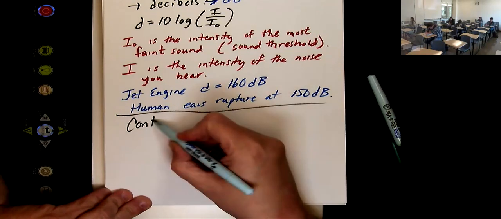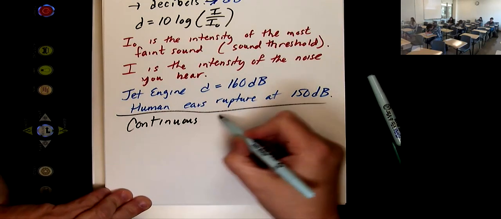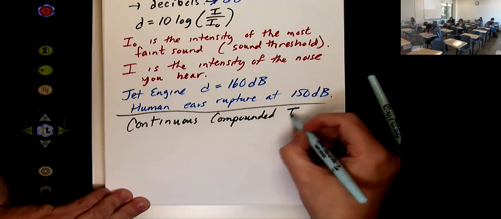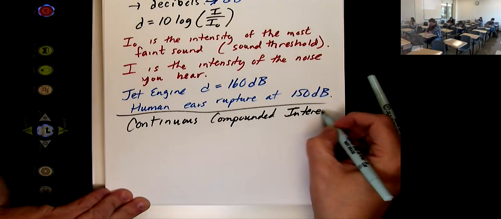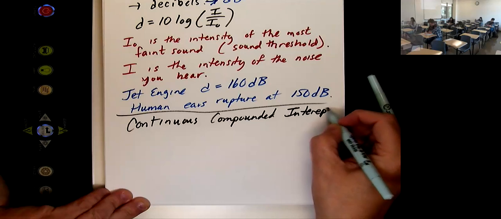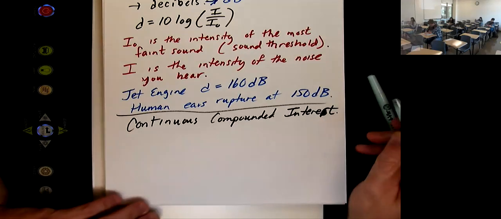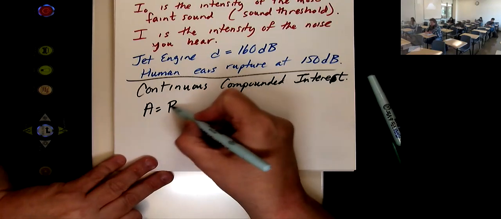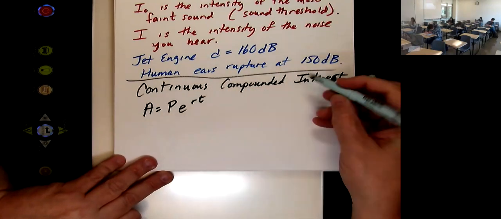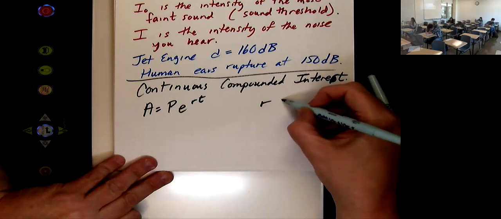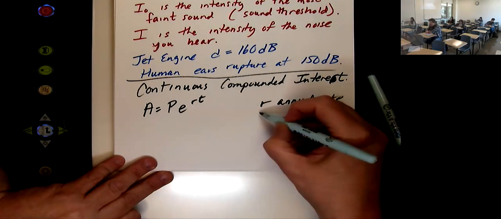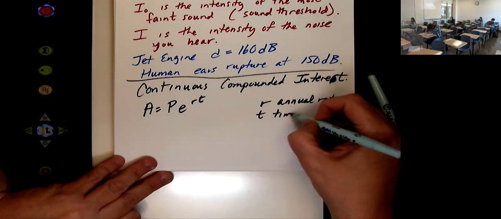Continuously compounded interest is A equals P e to the RT, where R is the annual rate and T is time in years.